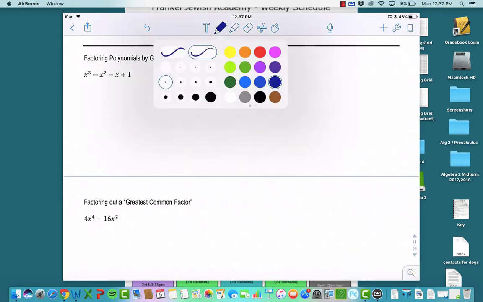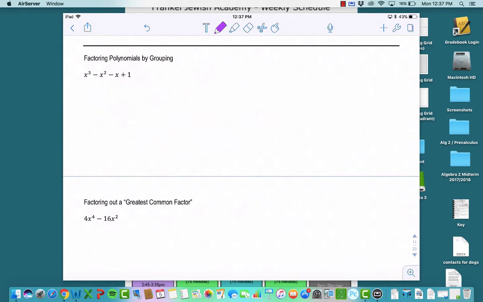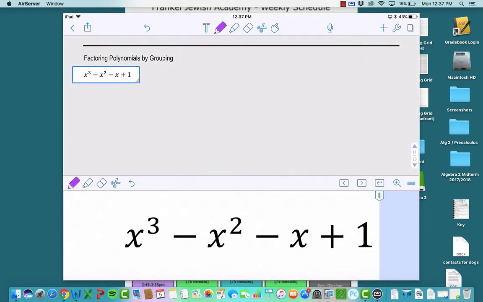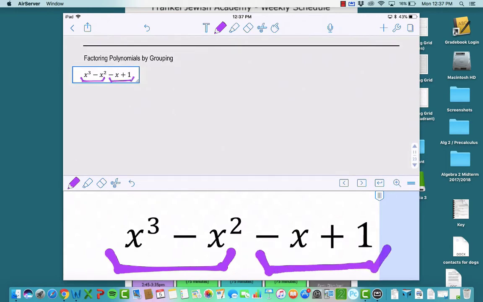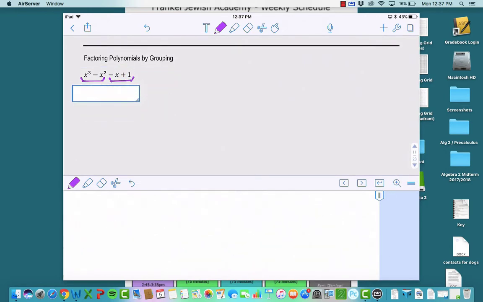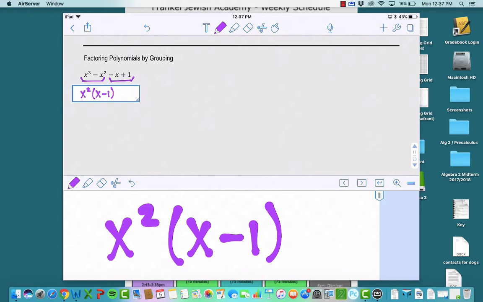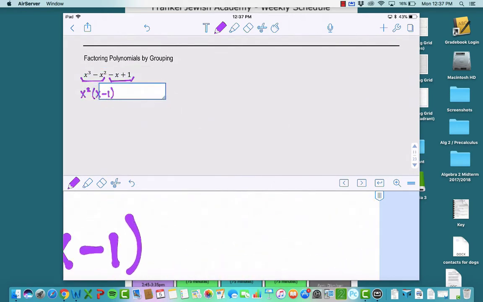Factoring by grouping is very similar to how we did it with quadratics, just without the big x part. So if we have something that already has 4 terms, we can group these two together and these two together. Out of the first two, I can factor out an x squared, and I'm left with x minus 1. Out of the second two, I can factor out a negative 1 to get x minus 1.